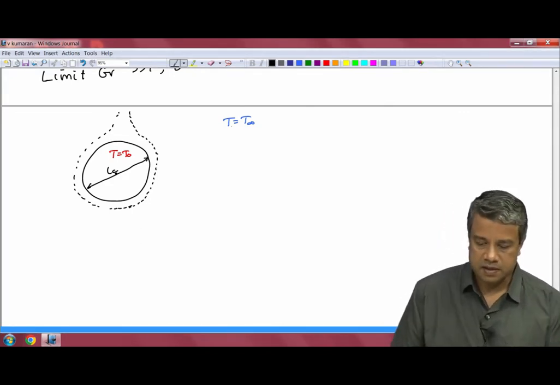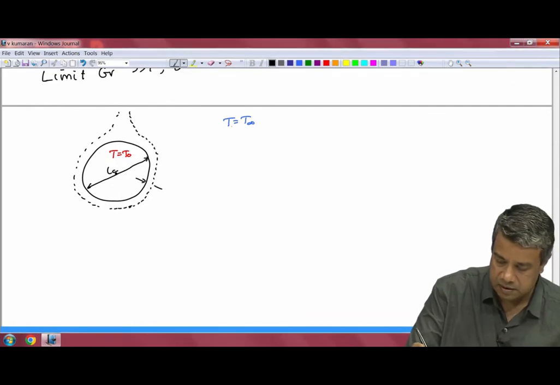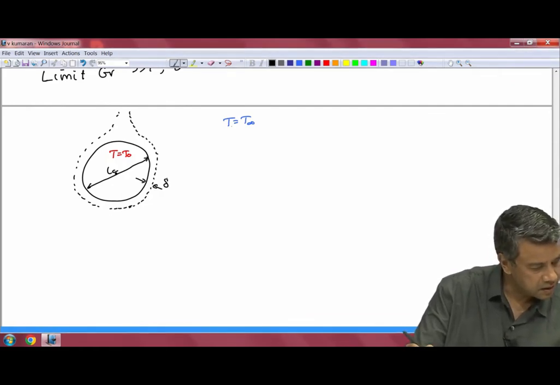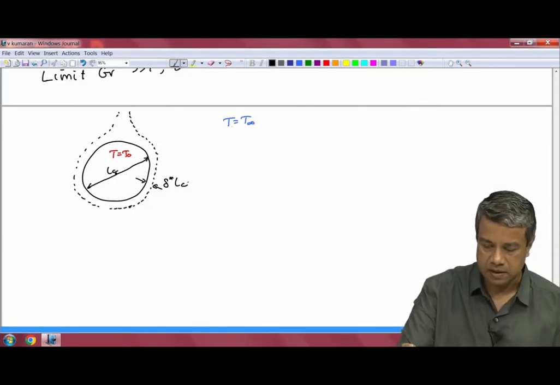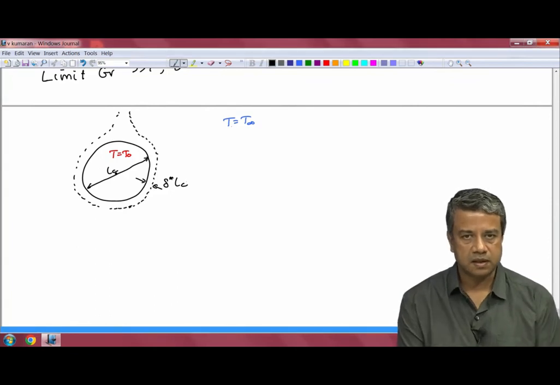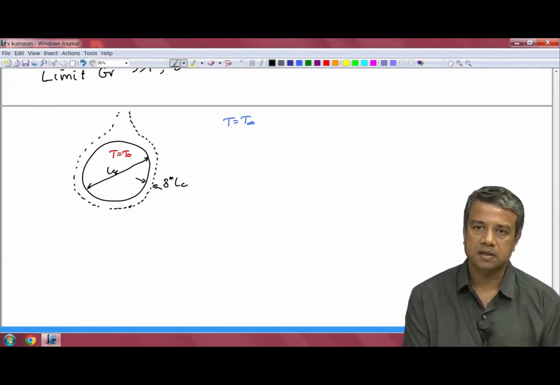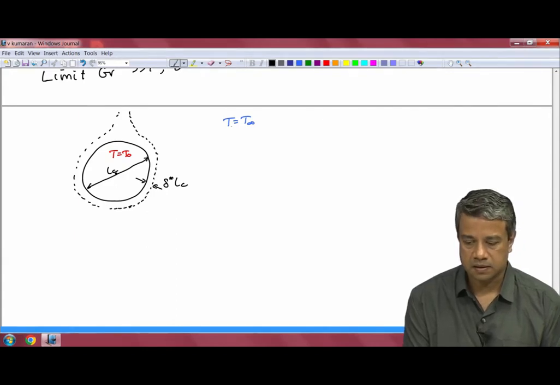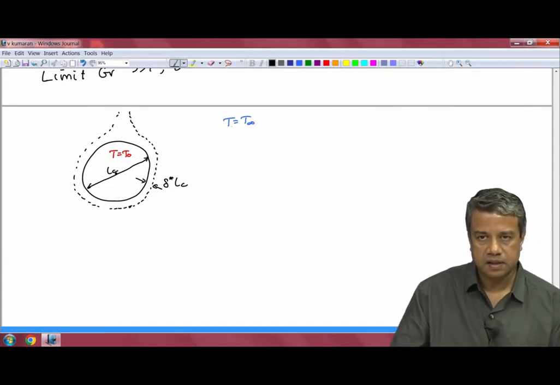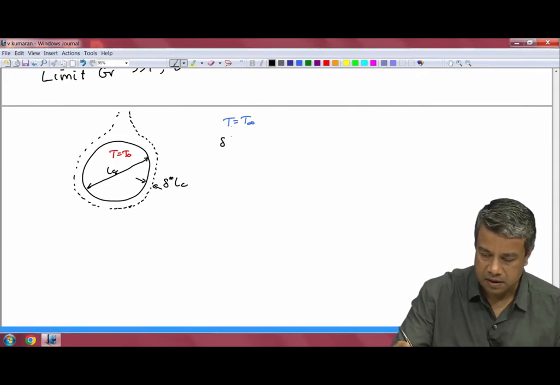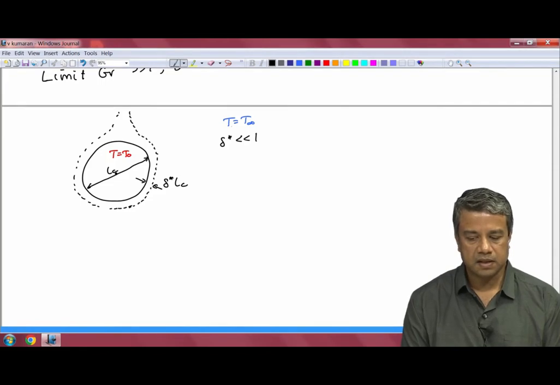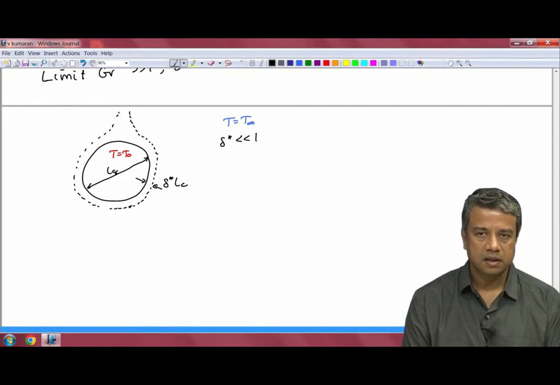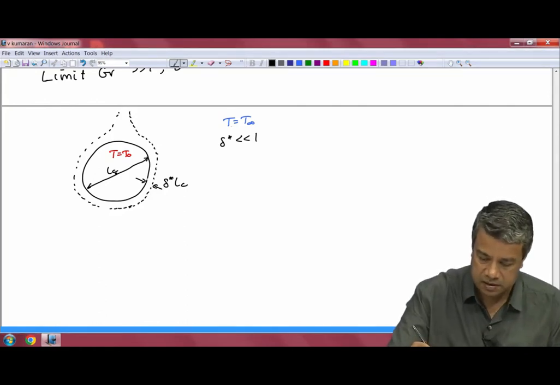If the thickness of this layer is delta star times LC, that is, delta star is the boundary layer thickness divided by the characteristic length, where delta star is much smaller than 1, then I can analyze the flow in a 2-dimensional coordinate system, which is defined locally at the surface.